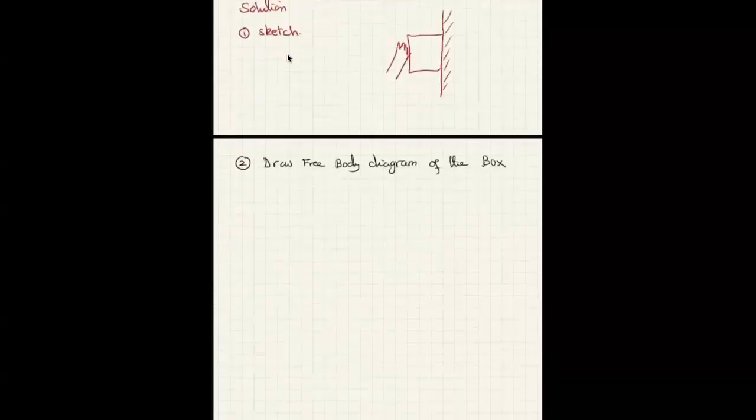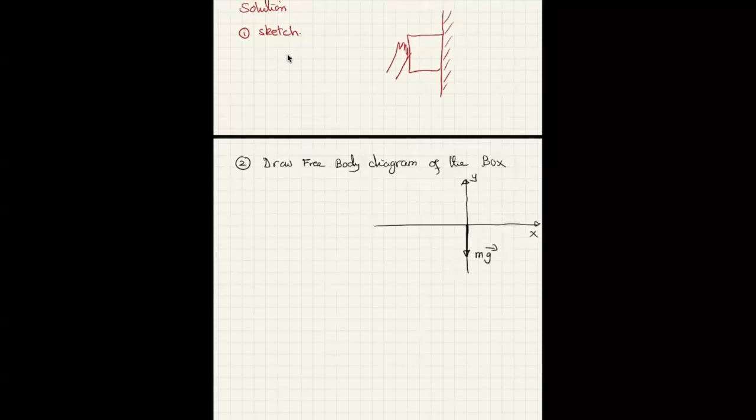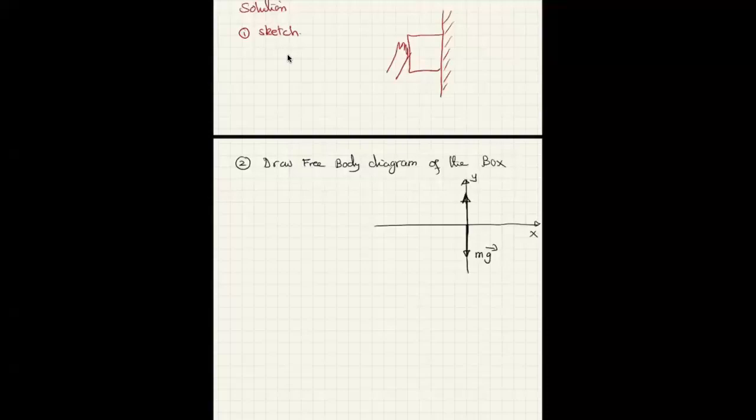And that is going to be, okay, this is my X, this is my Y. I have here mg. I have here force of friction, of course, is going to be upward. I have here my push. I'm going to call it P.